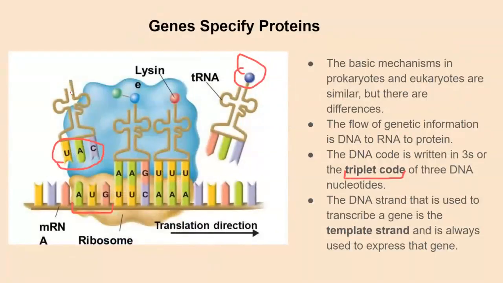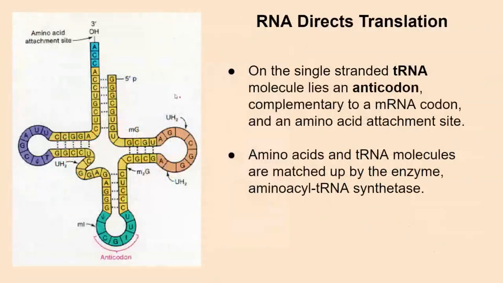So what are these thingies that are carrying the amino acids? Well, these are called tRNA, and they will have an anticodon oriented towards the bottom, and they will always connect to a specific amino acid on the top. These tRNAs, or transfer RNAs, do a very, very important job, and they are recognized by the ribosome.